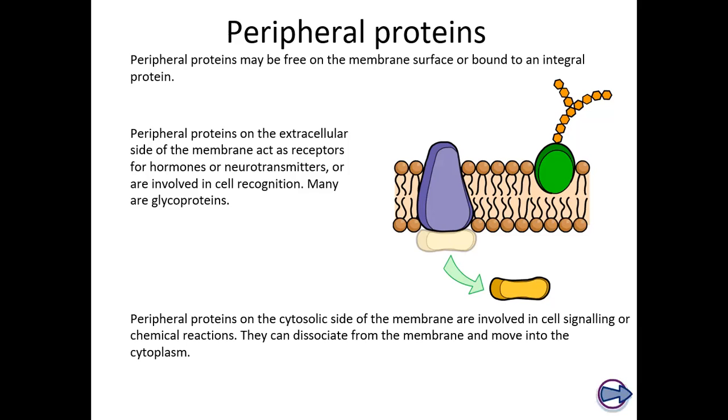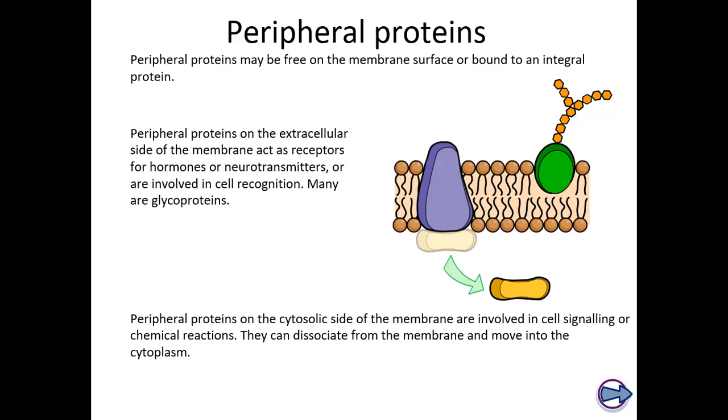Peripheral proteins on the cytosolic side, so that's the cytoplasm side, the inner side of the cell, are involved in cell signaling or chemical reactions. So for example, that yellow one there, these can dissociate from the membrane and move into the cytoplasm.